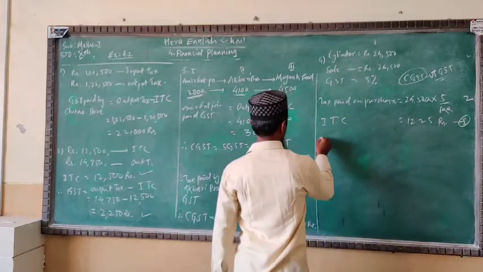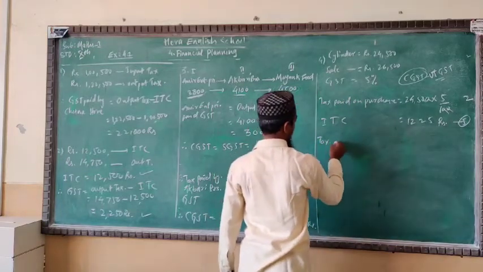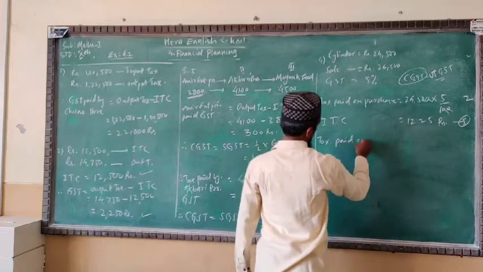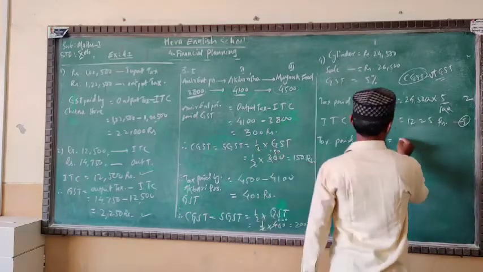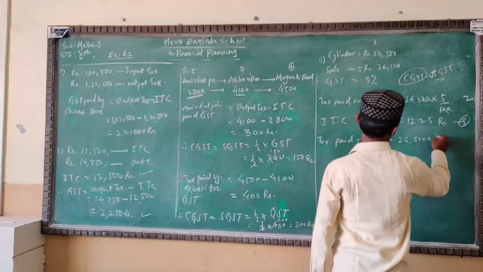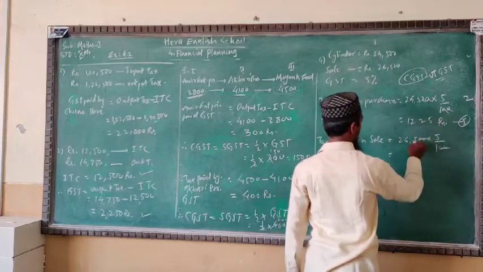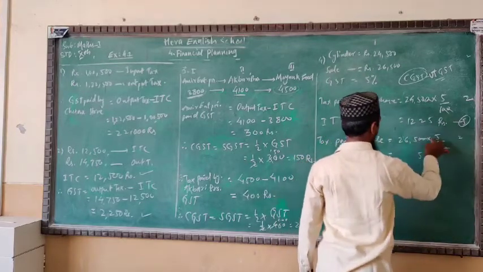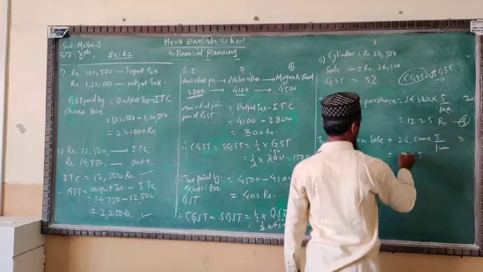Next, for the output tax, the tax paid during sale, here the amount is 26,500, the 5%, same thing, 0 0 cancel. Now have the multiplication, 5 5s are 25, 2 carry 5 6s are 30 plus 2 is 32, 3 carry 5 2s are 10, 13.